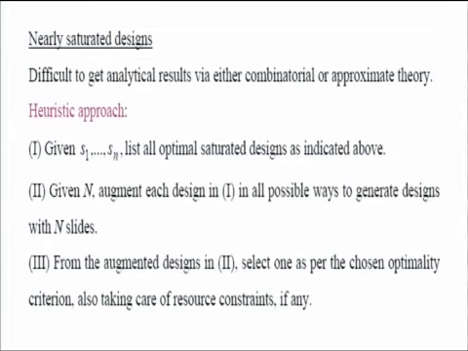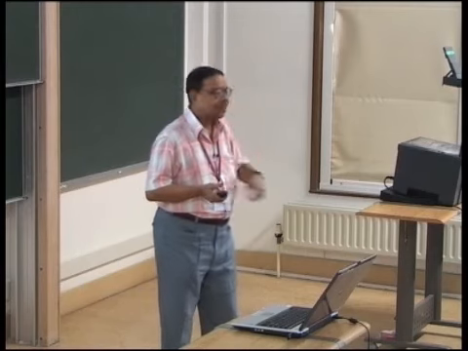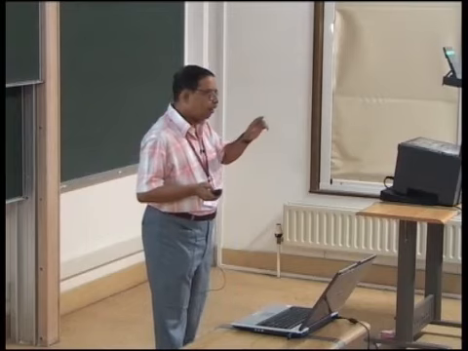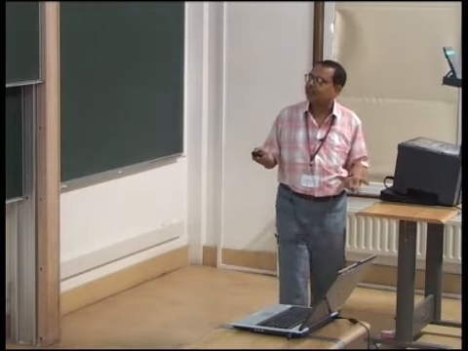We look at the optimal saturated design, and then broadly speaking we look at all possible augmentations of the optimal saturated design for a given number of runs and pick up the best design under the chosen criterion. I repeat, we first list all optimal saturated designs, then look at all extensions thereof, and out of all such extensions pick up the best one under the chosen criterion.